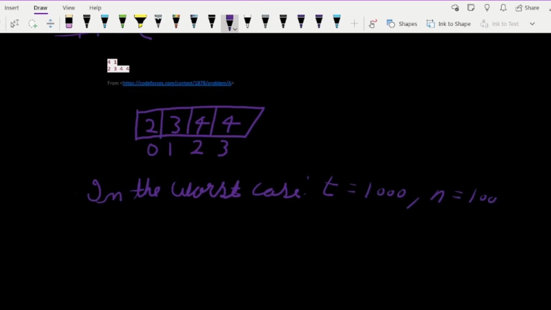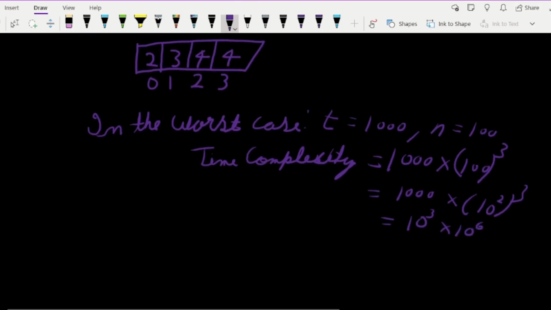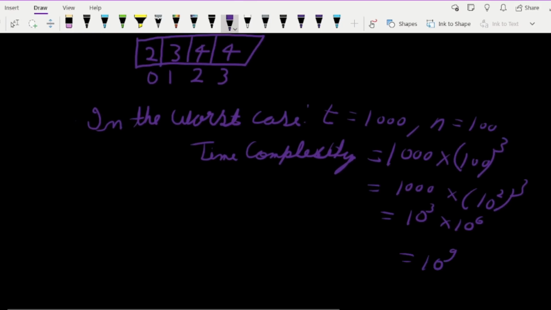So the time complexity is equal to 1000 times 10 to the power 6, which will be 10 to the power 9, which will not give the optimal result, because 10 to the power 7 executions would take 1 second, so it will take around between 10 to 100 seconds.